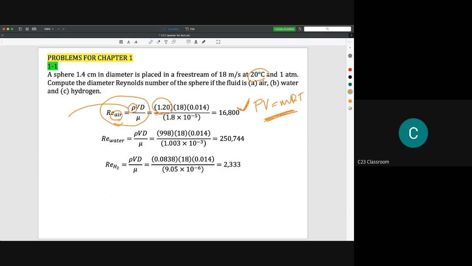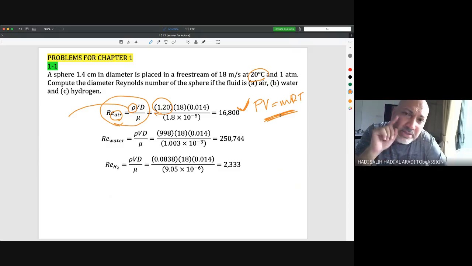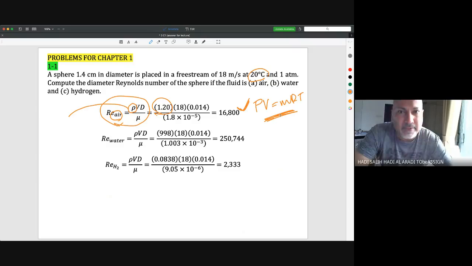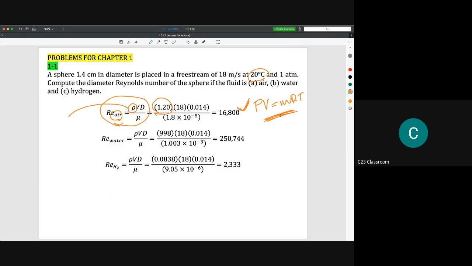Can you get it? So in this case, when you mention the temperature in the question, that means you direct me to go to the tables and choose the row for this certain temperature, right? Yes. But sometimes you can make an assumption. For example, we don't have properties for 20 degrees Celsius at that atmosphere, but I think it's still correct if you use the property of air at 25 degrees Celsius, because the change of 5 degrees Celsius is not so critical.